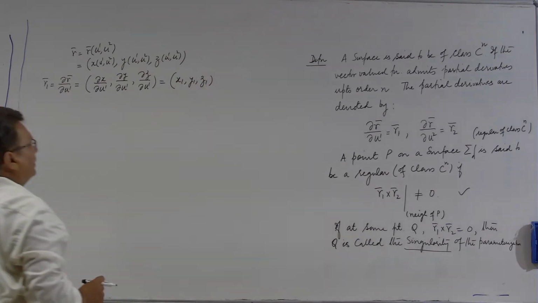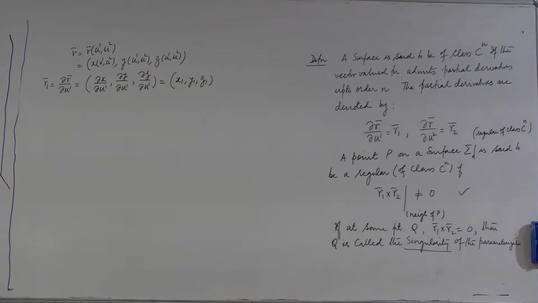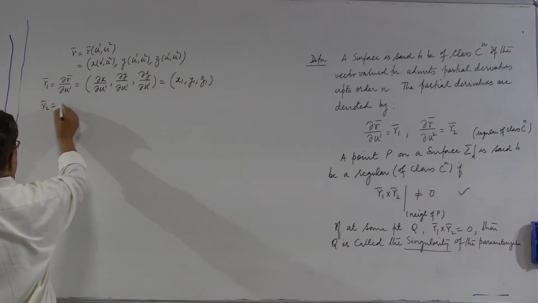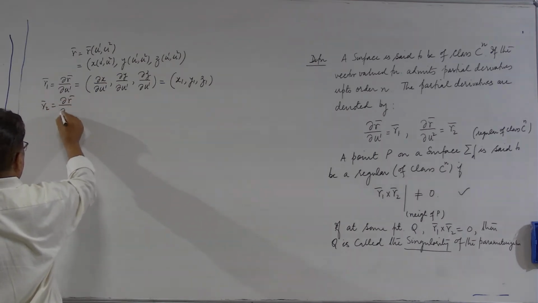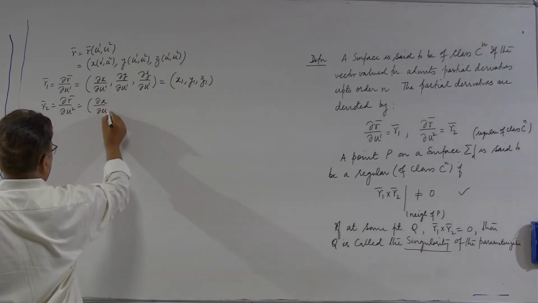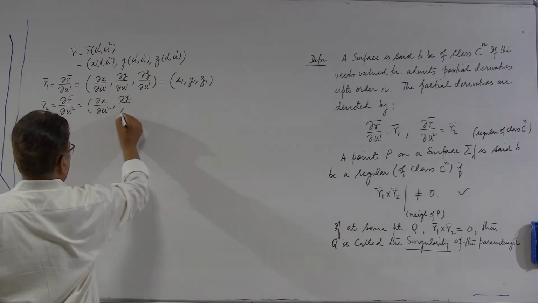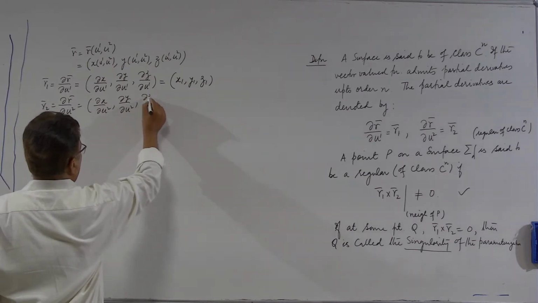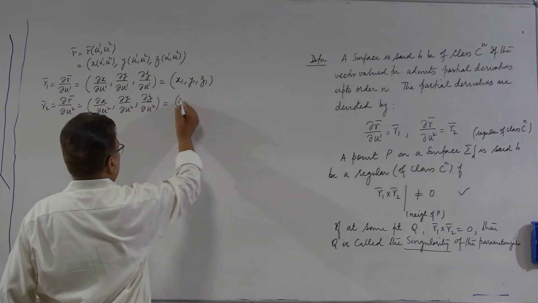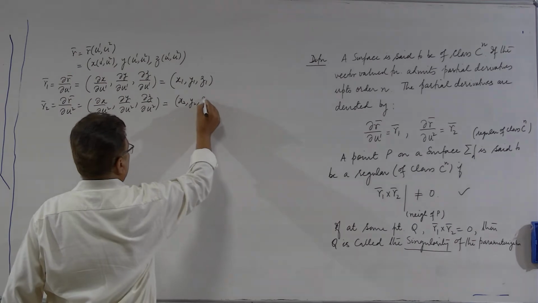This will remain our convention, that whenever we put 1 as a suffix, we mean a derivative with respect to the first variable. Similarly, r2 means the derivative of r with respect to u2, that is del x over del u2, del y over del u2, del z over del u2, which you can write as x2, y2 and z2.